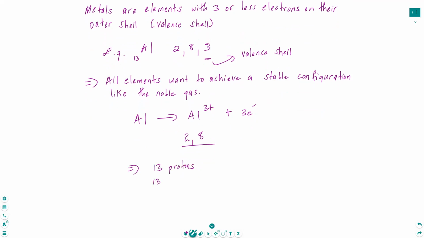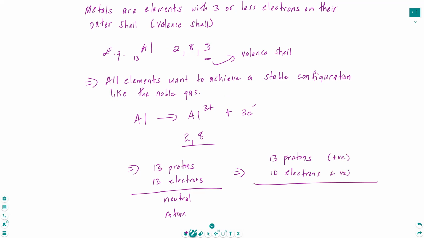It also had 13 electrons originally. So at this point, it was neutral, all right? This is when it was an atom. But when it went ahead and lost 3 electrons, it still has the 13 protons, but now it has 10 electrons. So now we have an excess of positive charge versus negative charge.